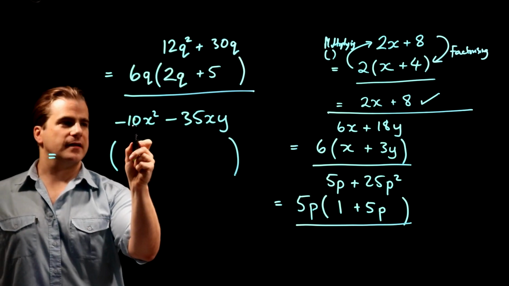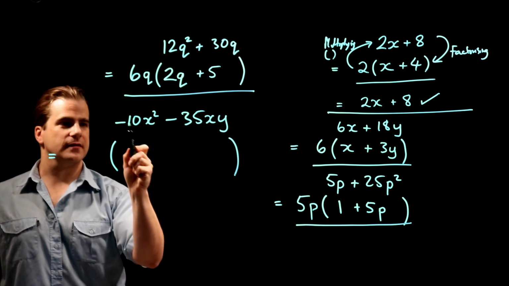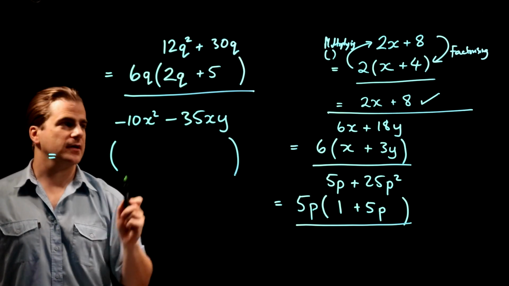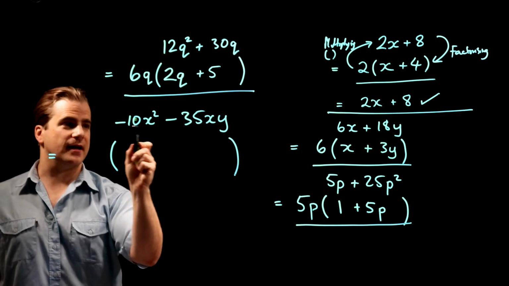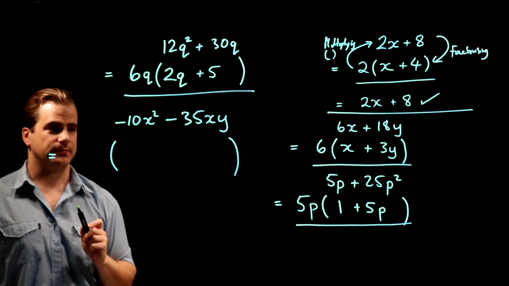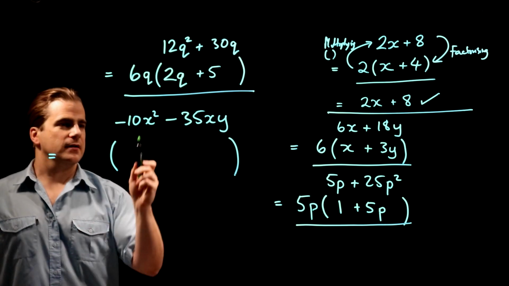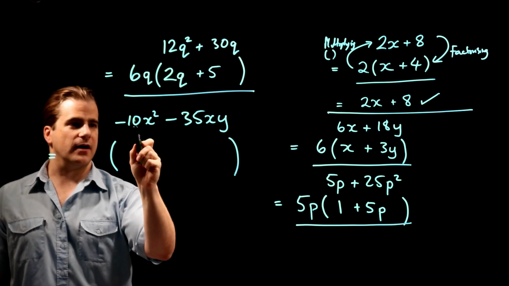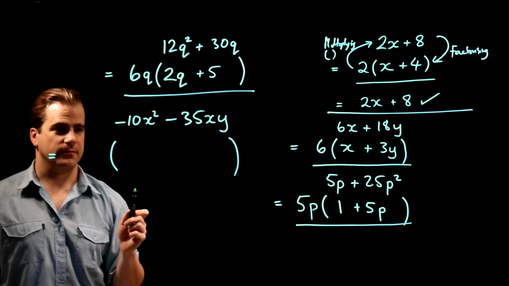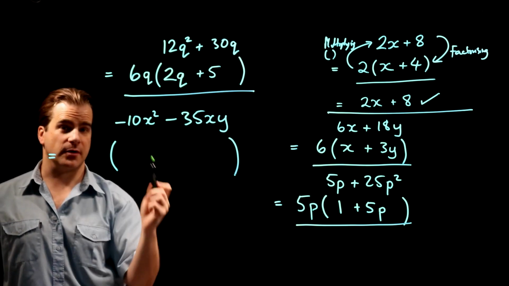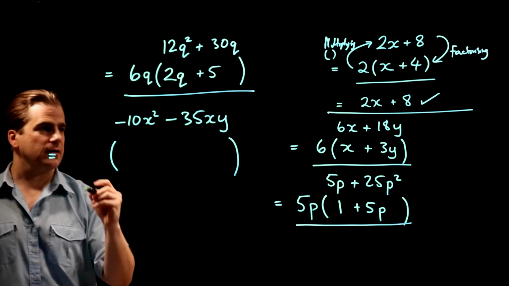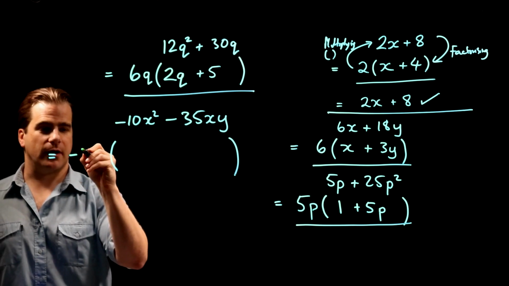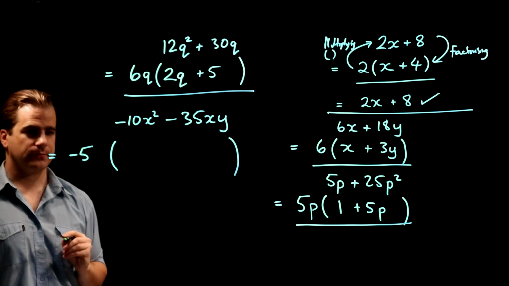Numbers 10 and 35, but they're both minus. So we've got a minus 10 and a minus 35. So the highest factor of 10 and 35 is 5. But because they're both minus, we can pull out the minus as well. So we actually pull out a minus 5. Okay?